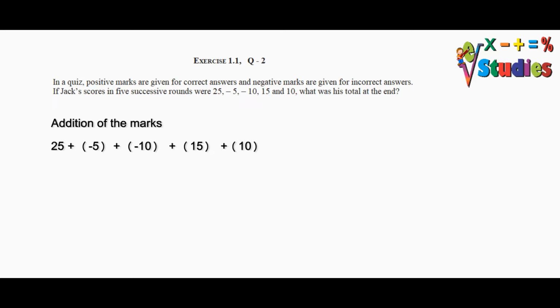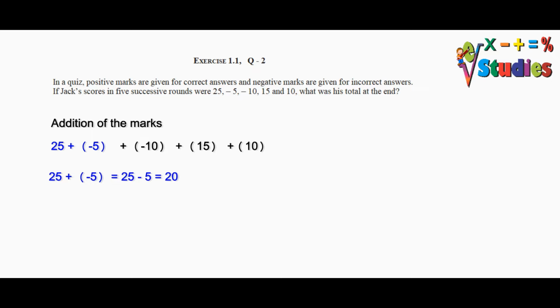So here we have got different marks obtained by Jack, and in order to find out the total of the obtained marks, we need to add them up. So in doing addition, we'll take two integers at a time. So first we will take positive 25 and negative 5.